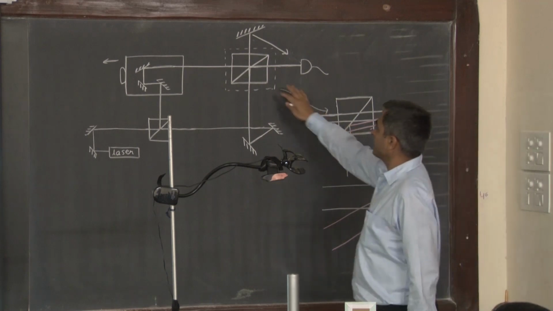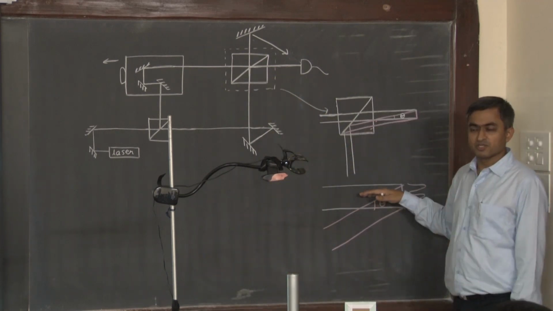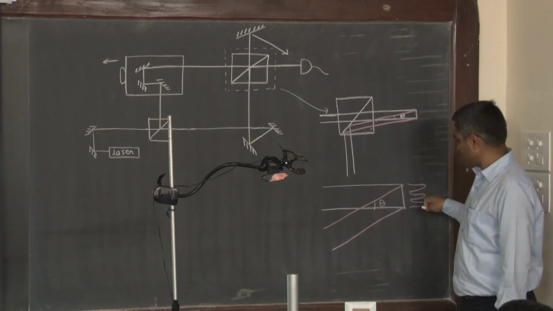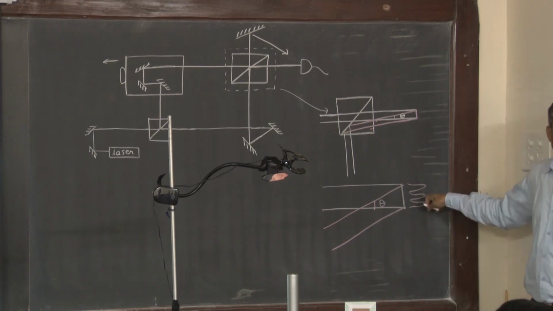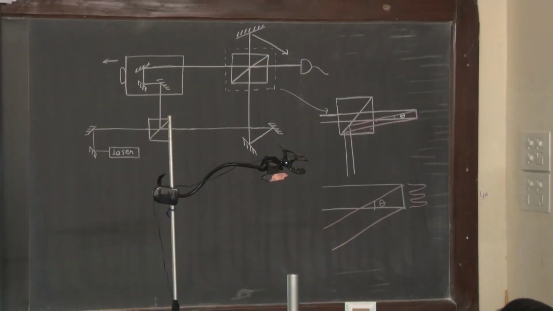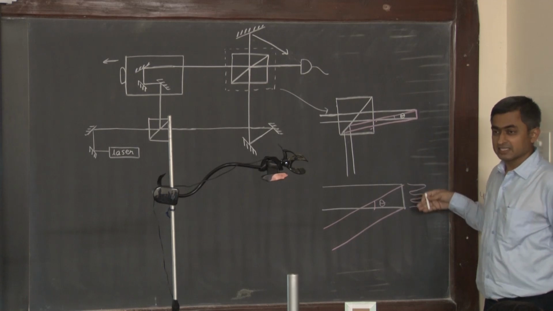But coming back to this point, once we have theta almost equal to 0, then what happens? These were spatial fringes. When theta is equal to 0, there is no effect of space, so you will not see any effect on x as far as the fringe pattern is concerned.